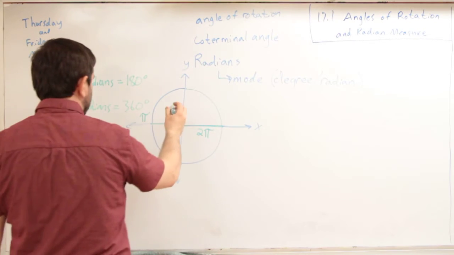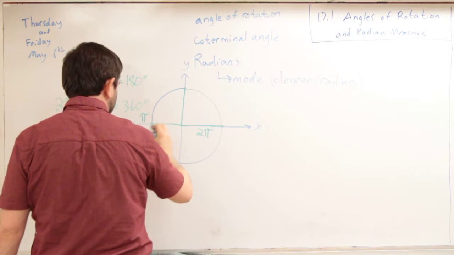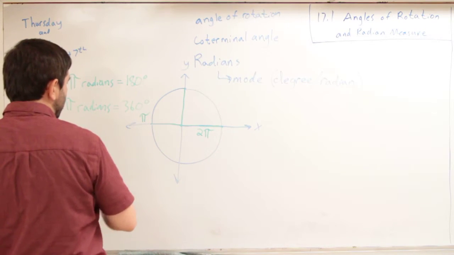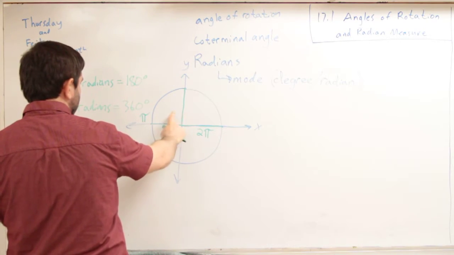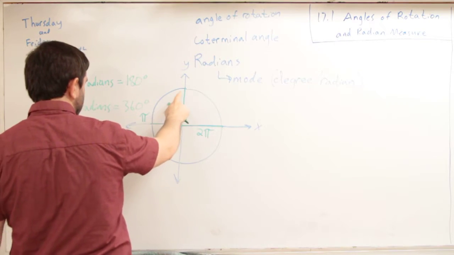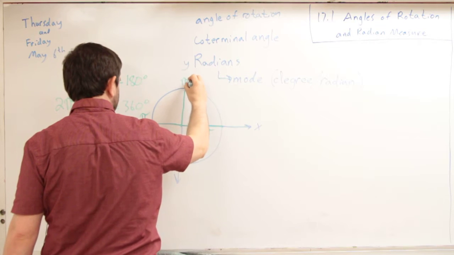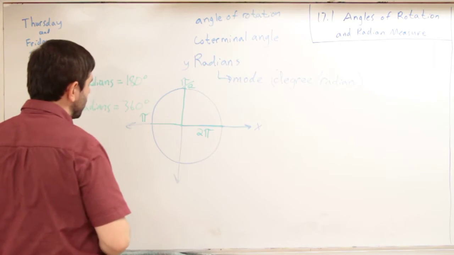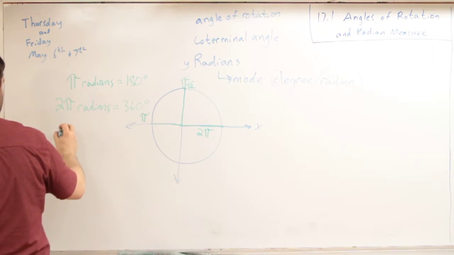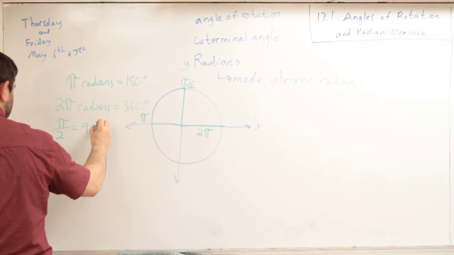What about here? Well, you might have some kind of an idea. 90 degrees is just half of pi, so that will be pi over 2. That's 90 degrees. So pi over 2 radians equals 90 degrees.